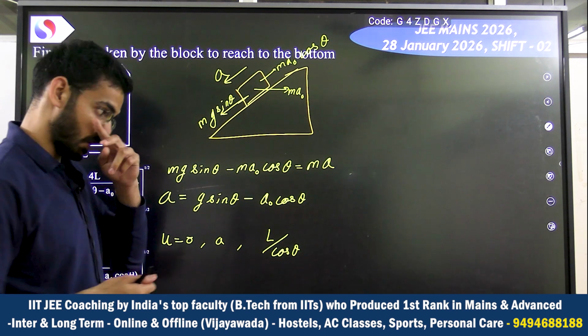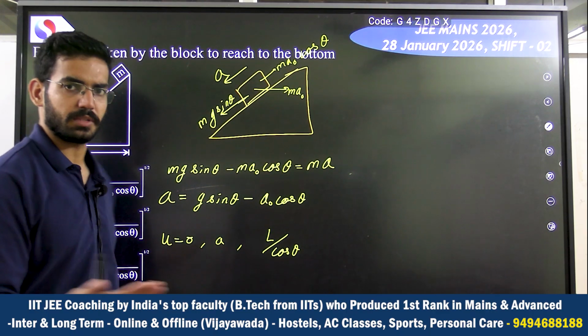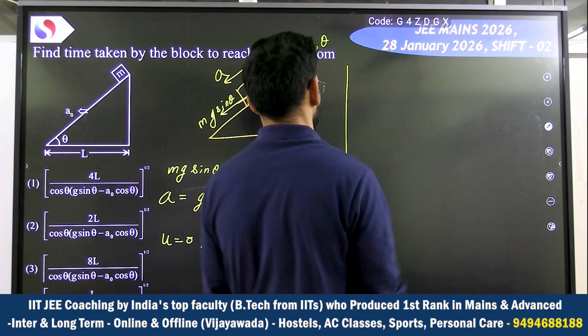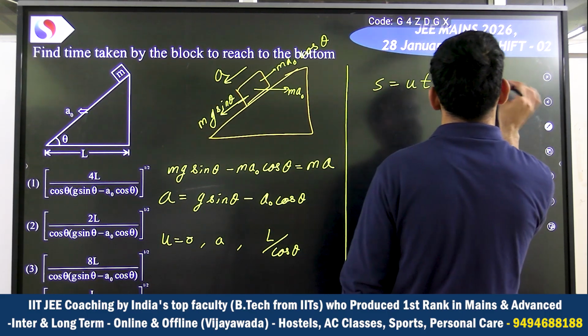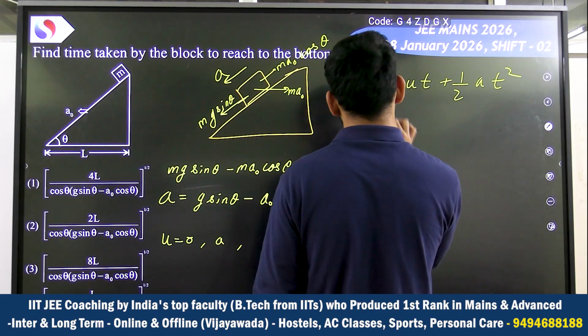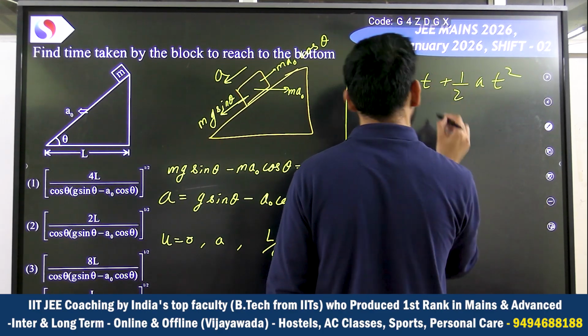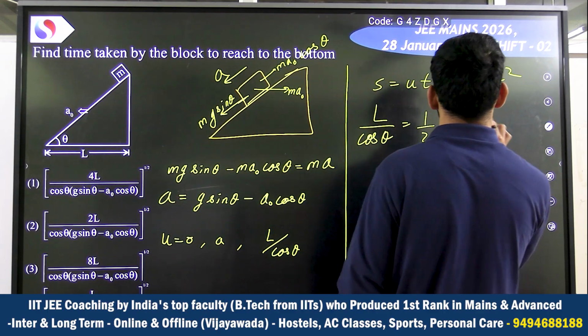Which equation will you apply? I am thinking s equals ut plus half at square will be the best. So displacement L by cos theta equals ut, which is 0, plus half into the acceleration into t square.